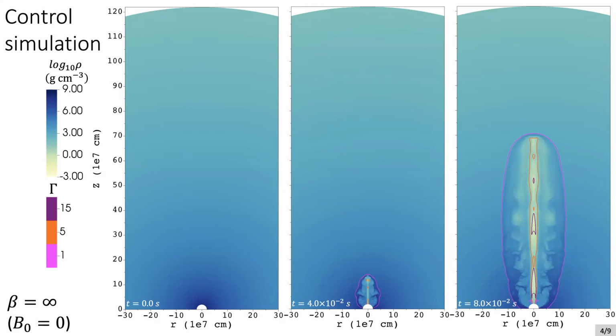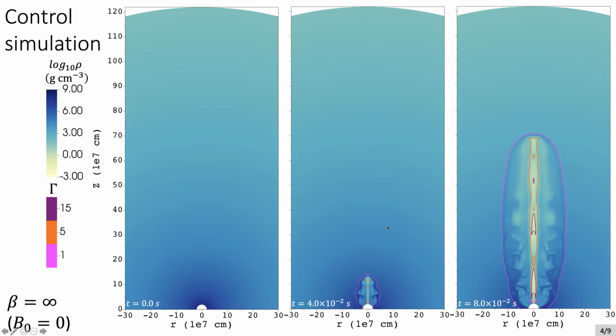Okay, so once we saw this control simulation, now we can see different times of this simulation. Here we have the initial condition, and we can see how the density is decreasing in the R component.